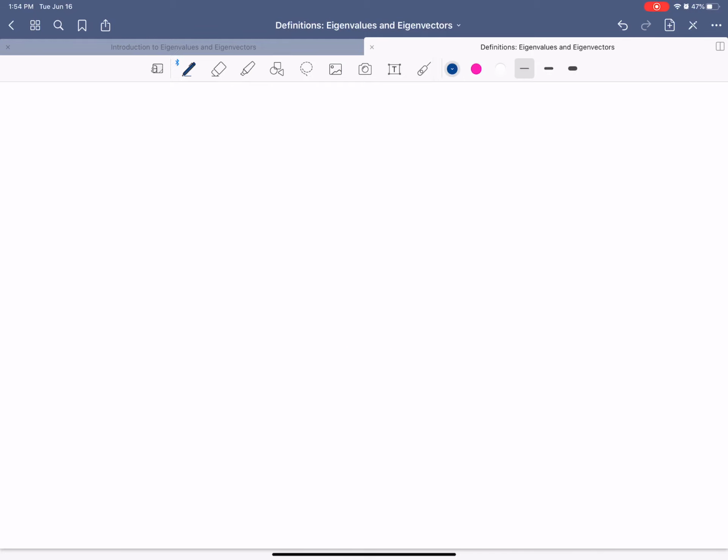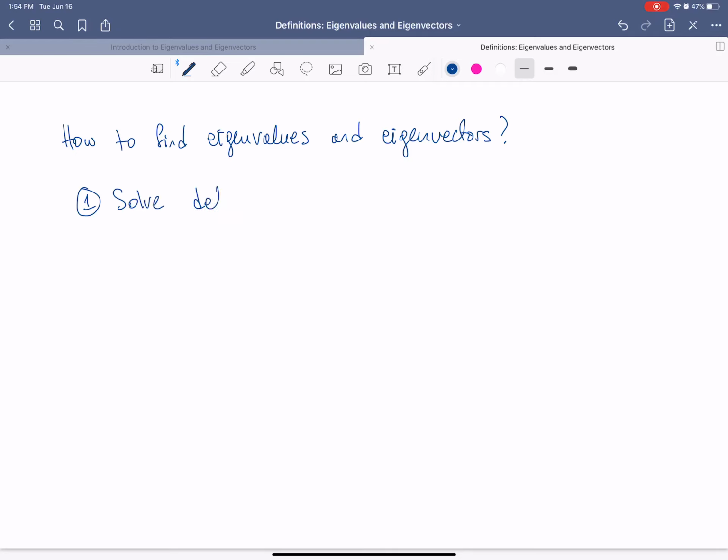So how to find eigenvalues and eigenvectors? The first step is to solve the determinant of A minus lambda I equals 0. So as I said, lambda here, you put it as an unknown.